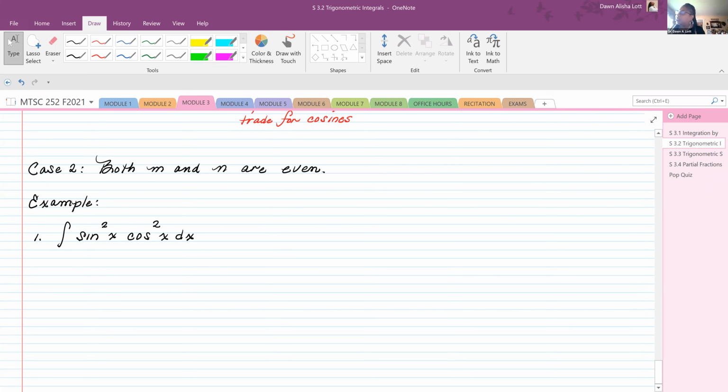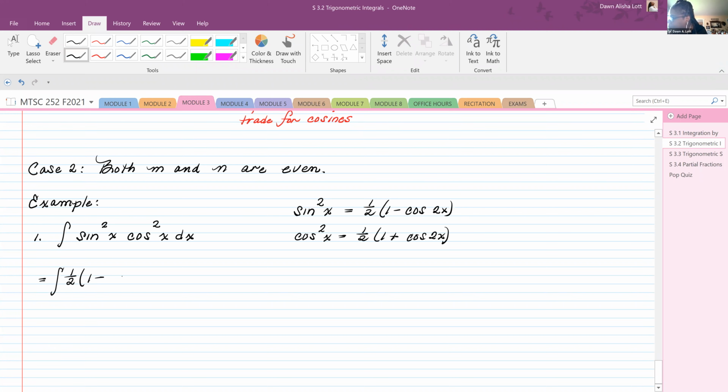Then we have to go back and use our rule that the sine squared of x is 1/2 times 1 minus the cosine of 2x, and the cosine squared of x is 1/2 times 1 plus the cosine of 2x. Okay, so in here, sine squared, I'm going to get 1/2 times 1 minus the cosine of 2x.